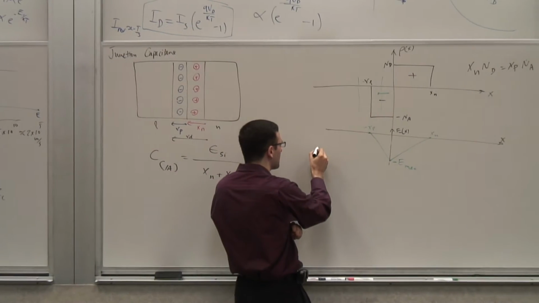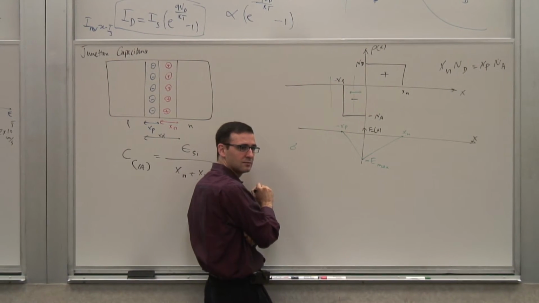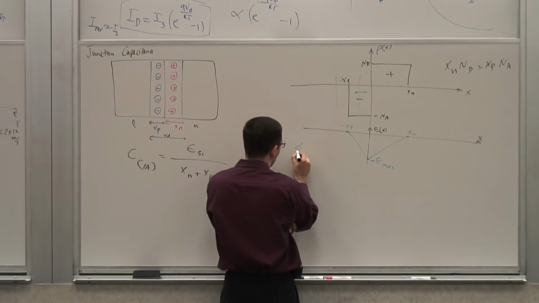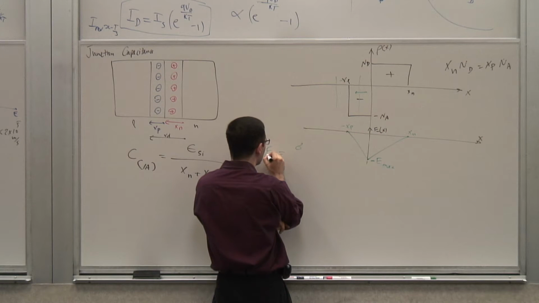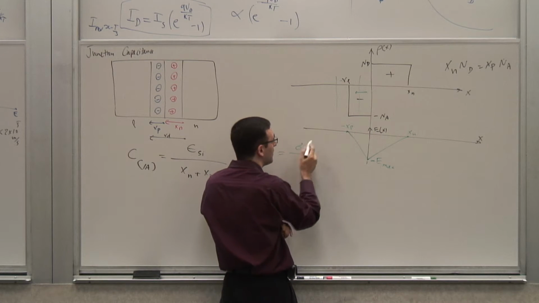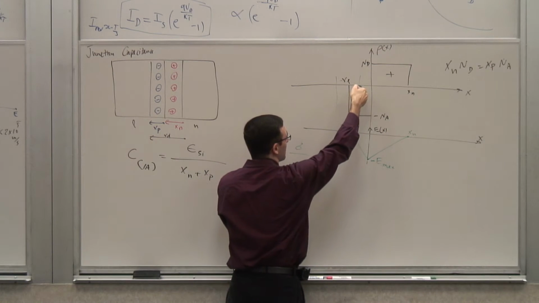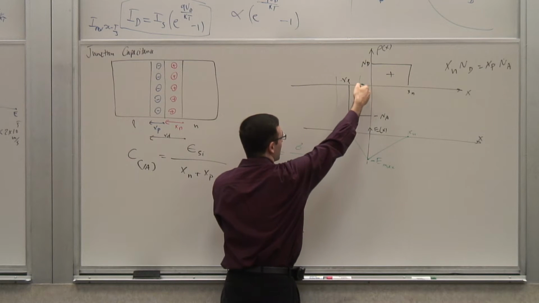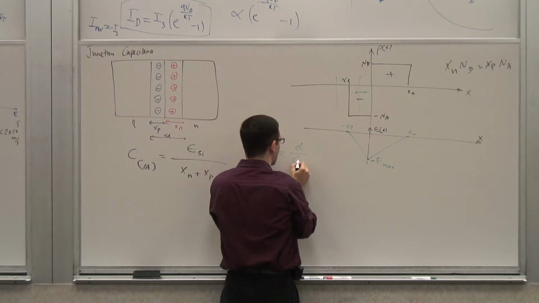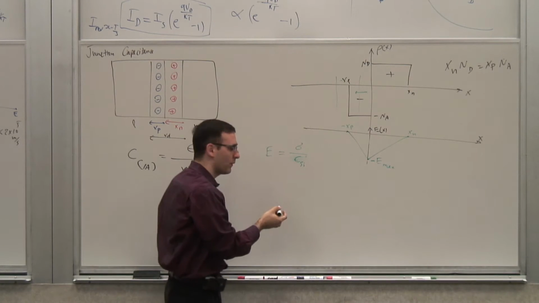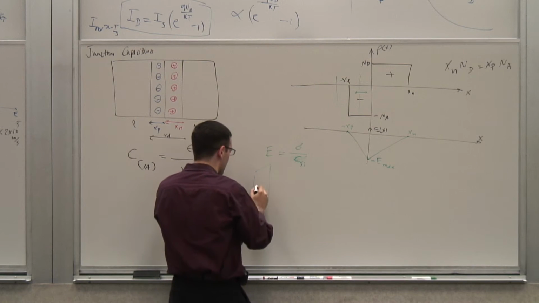If you have a surface charge density sigma, and this sigma is different from that sigma, the electric field associated with that is sigma over epsilon on the silicon, negative on one side and positive on the other. One way to think about it is that you have a surface charge density, and you can form a Gaussian surface here.